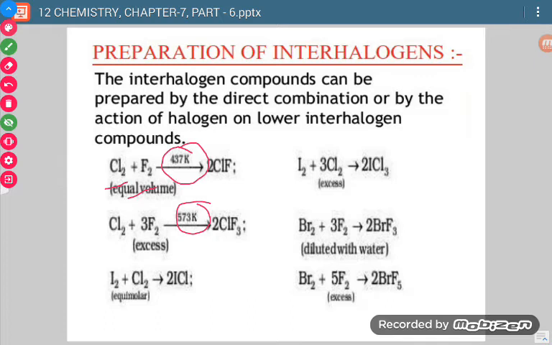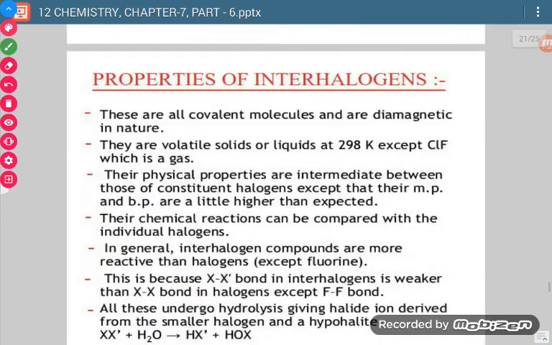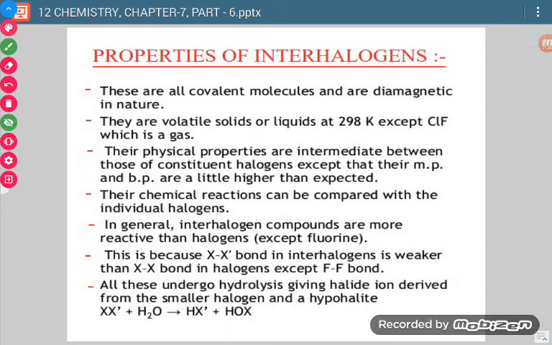For example, to prepare ClF, the temperature should be 437 Kelvin, but to prepare ClF3, the temperature should be 573 Kelvin, though the reactants are the same. Similarly, ICl or ICl3, BrF3 and BrF5 can be prepared. The ratio in which we mix the reactants also decides the formation of the product.